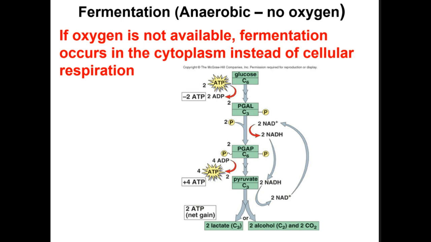If the supply of NAD+ were to be exhausted, glycolysis would stop and energy production would cease and the organism would rapidly die. Organisms use one of two types of fermentation to regenerate NAD+: lactic acid fermentation, which produces lactic acid, or alcohol fermentation, which produces alcohol as a byproduct.